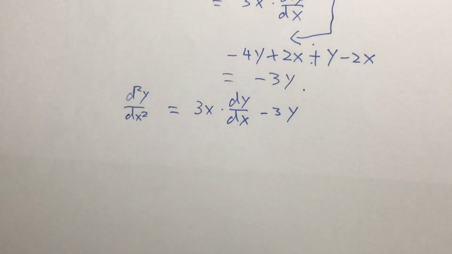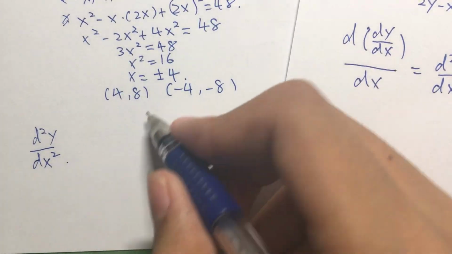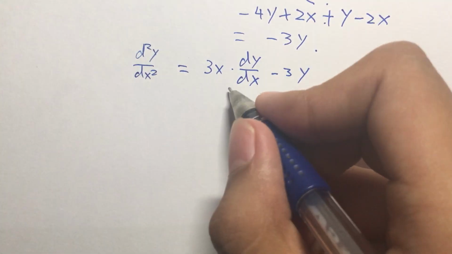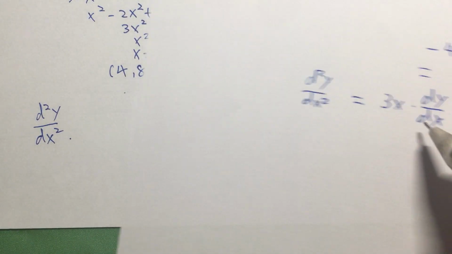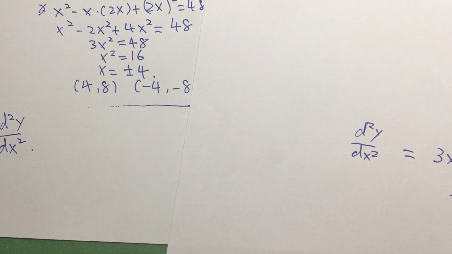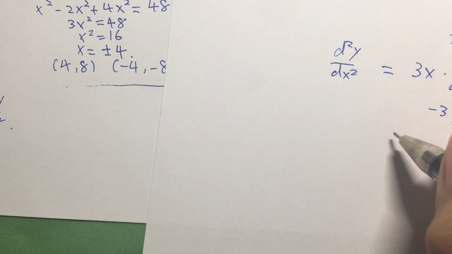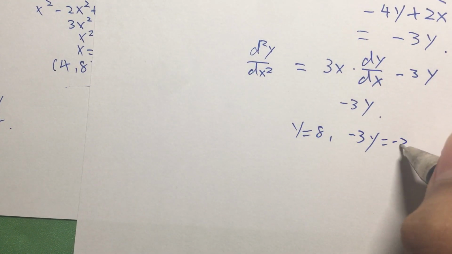Now we are going to substitute both of these values in. Because dy over dx becomes 0 when you substitute these values, all we are left with is negative 3y. So let's apply the value of y. When y equals 8, negative 3y equals negative 24.